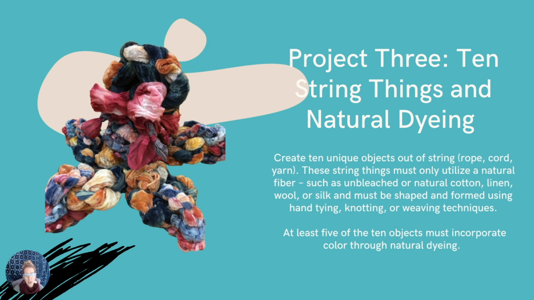You can also not use already colored fibers or wools or yarns that you might get at the fiber store. And then additionally, they must be shaped or formed using only hand or tactile approaches, such as tying, knotting, or weaving techniques. 5 of those 10 objects must include color in some way, and then 5 must be natural.